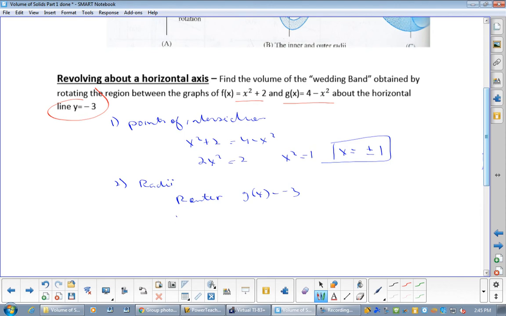And my r inner, I'm going to go f of x minus -3 as well. So g of x is 4 minus x squared plus 3, which is 7 minus x squared, and my inner is x squared plus 2 plus 3, so x squared plus 5 is our inner.